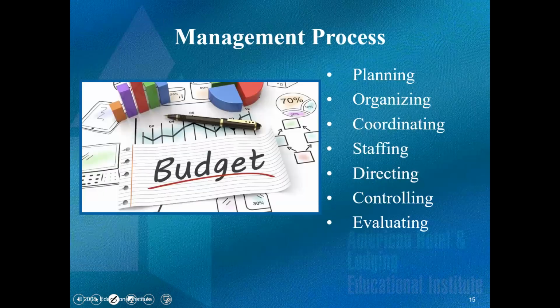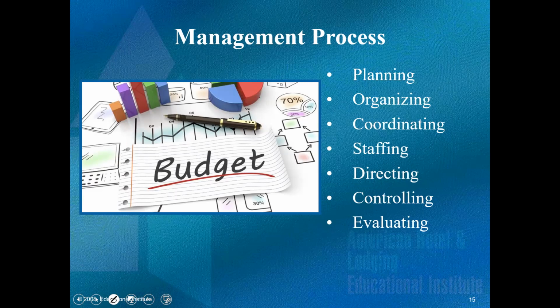All right. Lastly is the management process. These 7 steps really are pretty common in any management position. The executive housekeeper in this case has to plan by doing those area inventory lists. Okay, what do I need to do? What do I have to do to clean these areas?